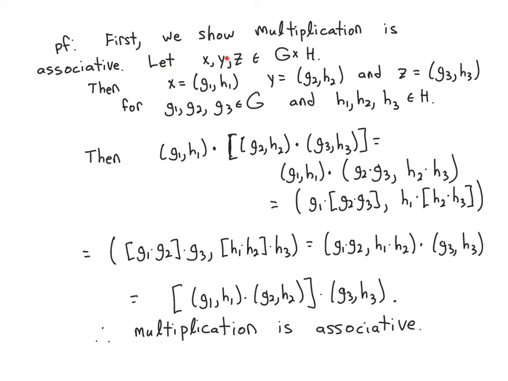Let's take three elements in this ordered pair, Cartesian product, x, y, and z. We need to show (x times y) times z is equal to x times (y times z). Remember, x, y, and z are ordered pairs.